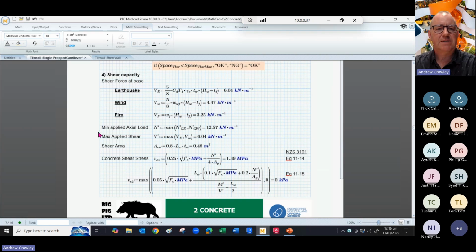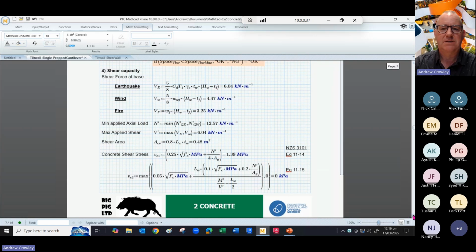And what is our maximum applied load? We've worked that out from above. And what's our maximum applied shear? So we take the shear area as 88% of the gross area of the section. And then the concrete shear stress is taken from the New Zealand code.